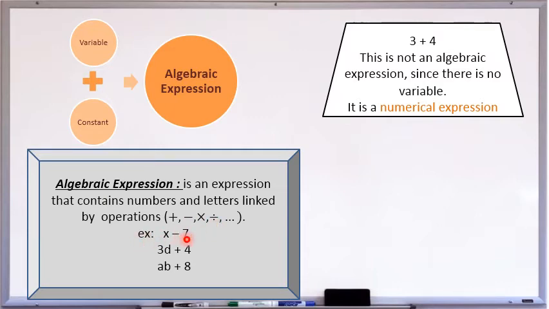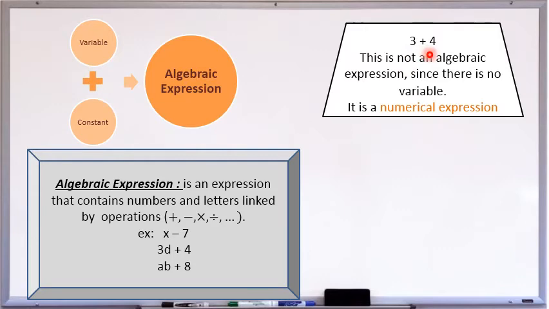Example: x minus 7, the variable is x, and the constant is minus 7. 3d plus 4, the variable is d, the coefficient is 3, and the constant is 4. ab plus 8, a and b are both variables, and 8 is the constant. Here we have a hint.